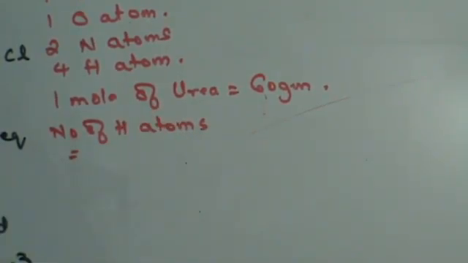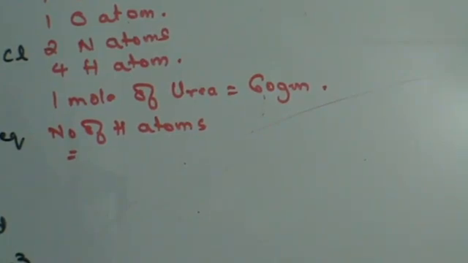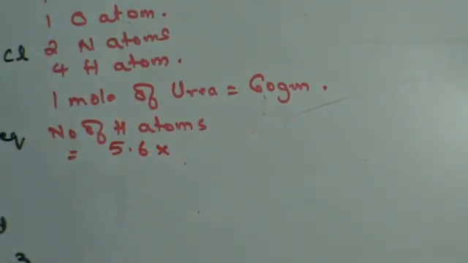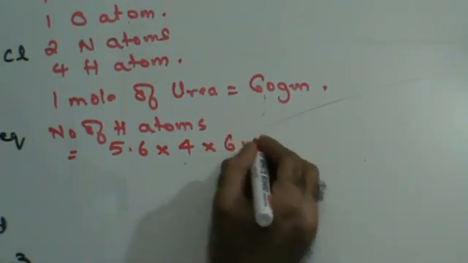They've asked you to calculate the number of hydrogen atoms present in 5.6 grams of urea. 1 mole of any substance has 6.022 into 10 raised to 23 particles.